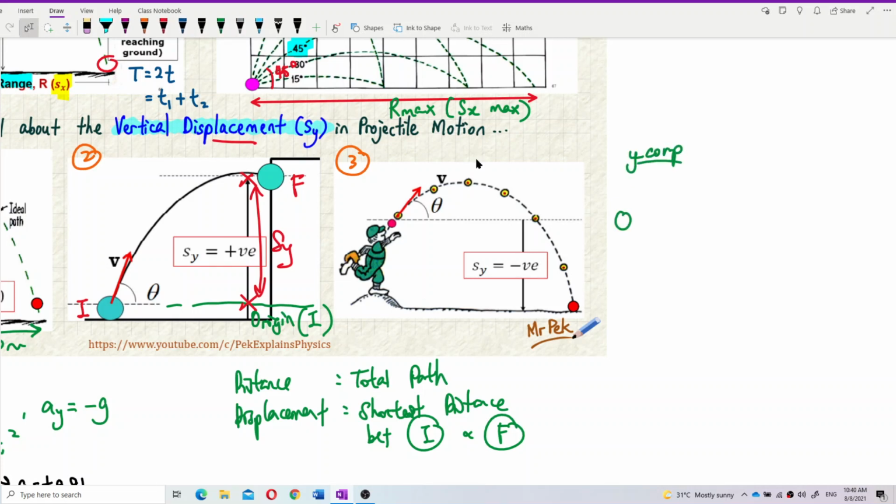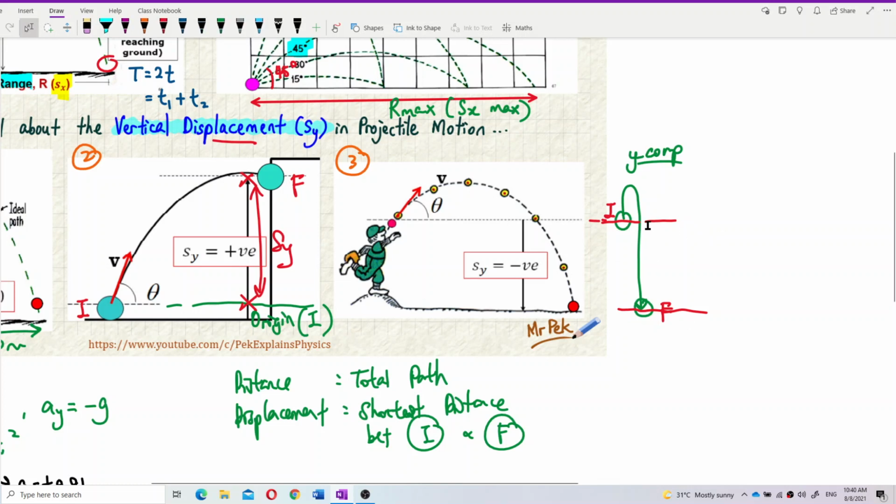It goes up and then comes down. So this is the initial point, initial level, and this is the final level.